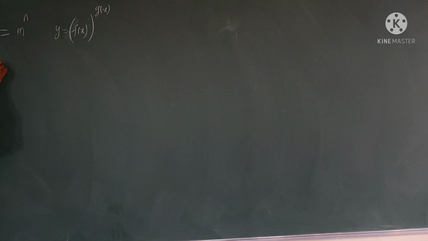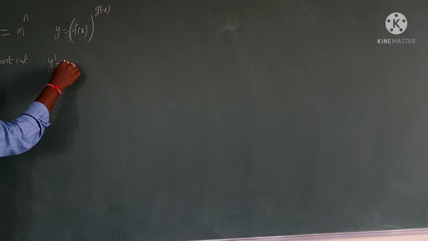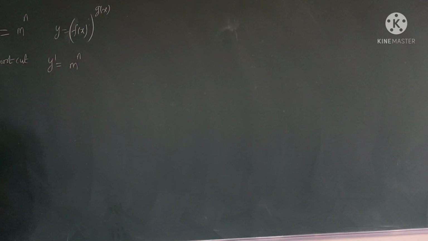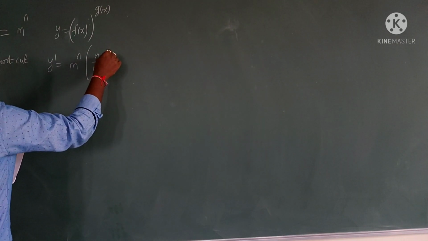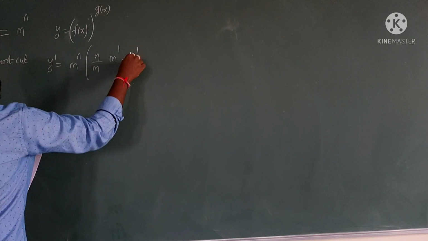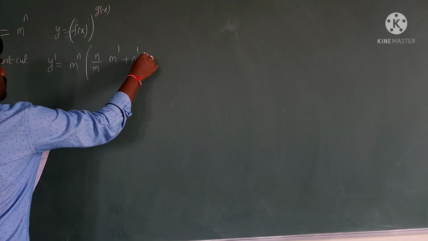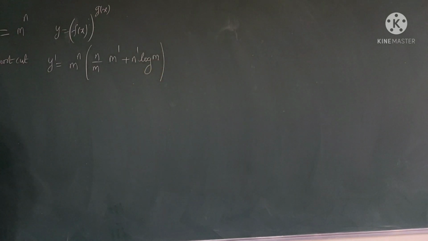The shortcut formula is y dash is equal to m power n, n by m into m dash plus n dash log m. This is the formula. If you remember this formula, any question can be solved.